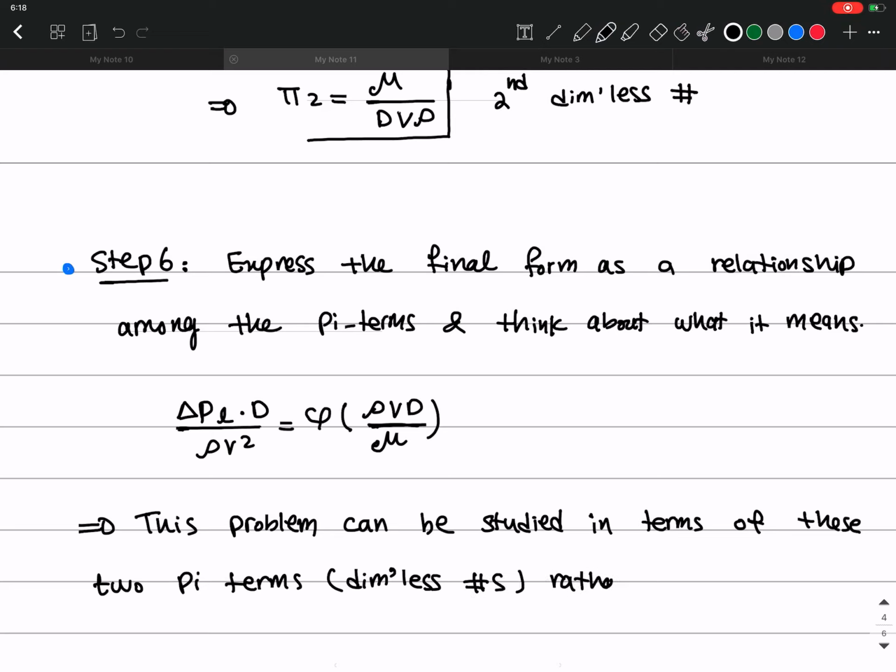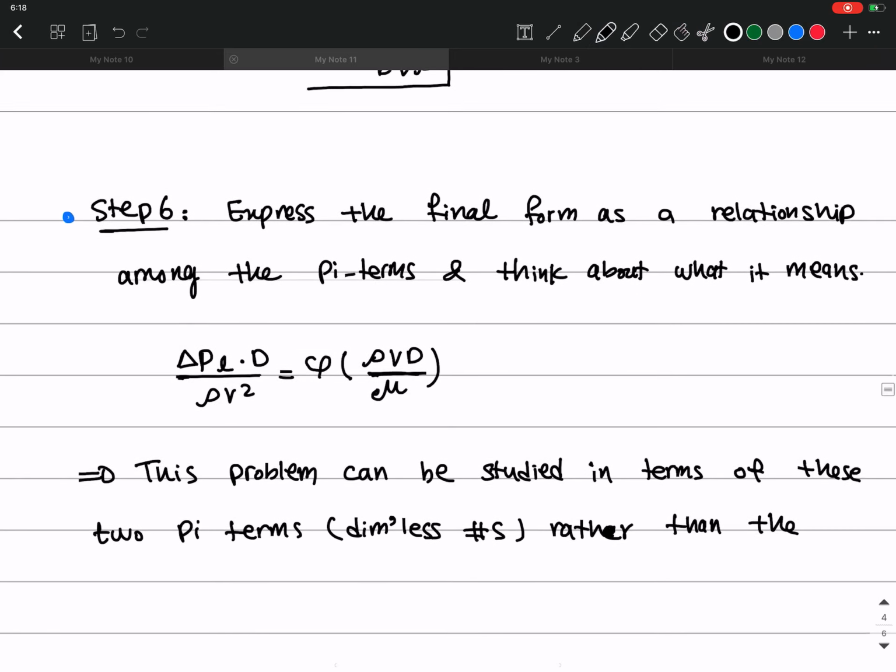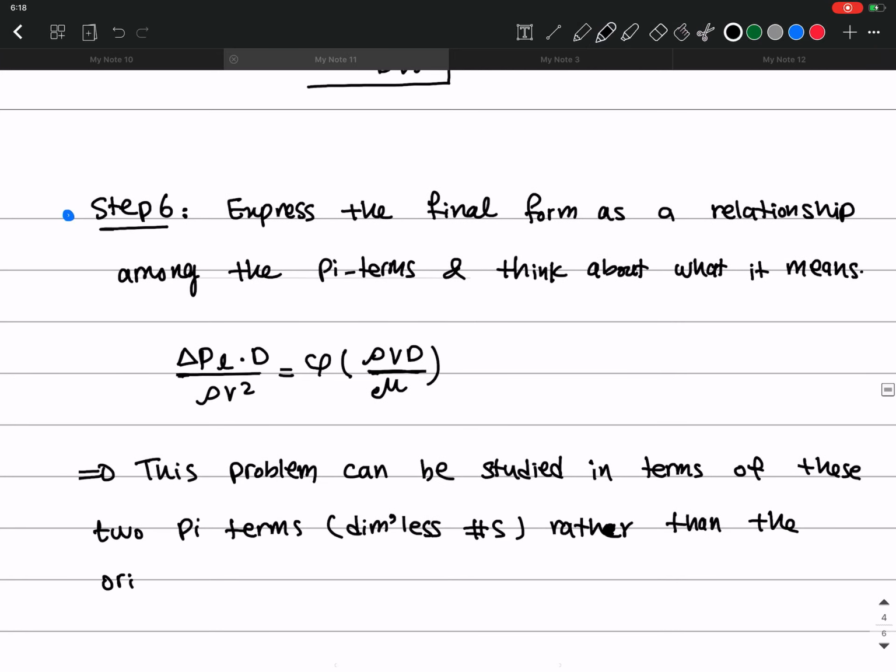rather than the original five variables that we started with.